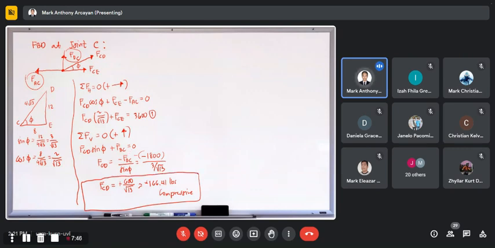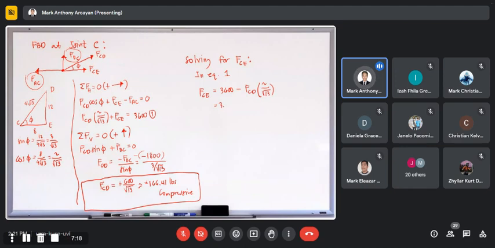Now, to solve for FCE, we use equation 1. So in equation 1, we have FCE is equal to 3,600 minus FCD times 2 over square root of 13.